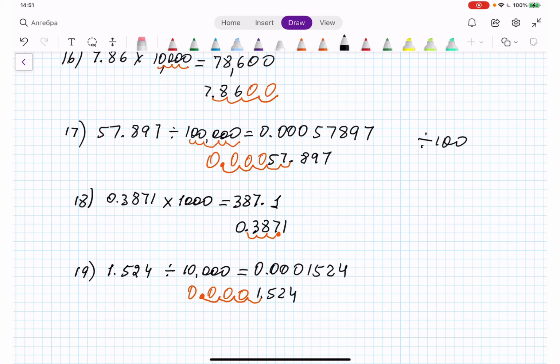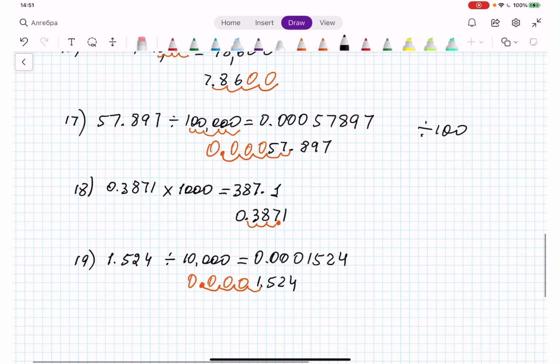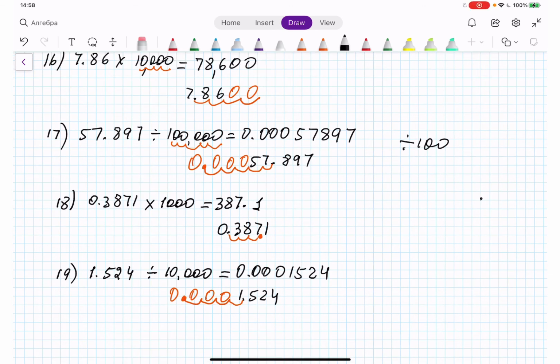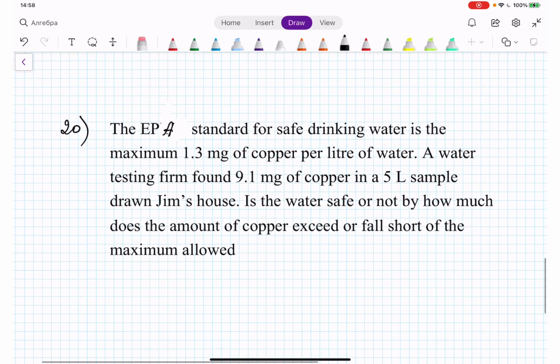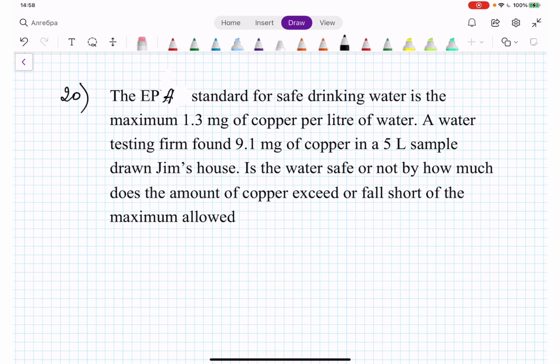And lastly, thank God, we have a word problem. All right, question number 20. The EPA standard for safe drinking water is a maximum of 1.3 milligrams of copper per liter.